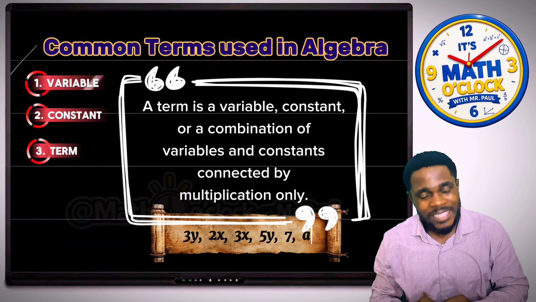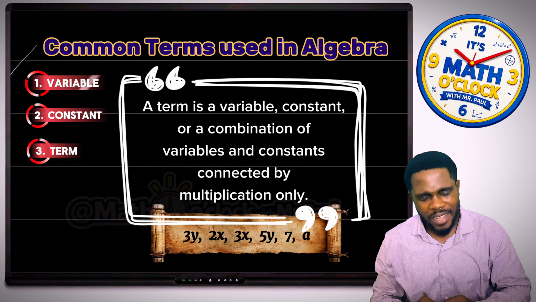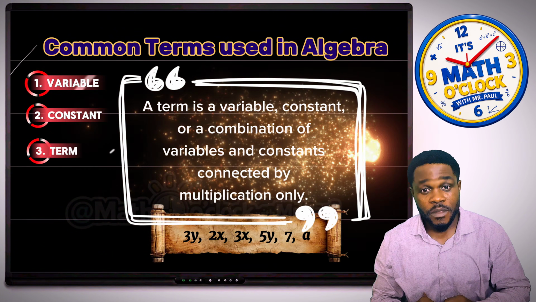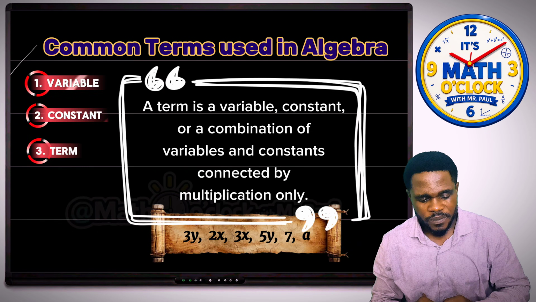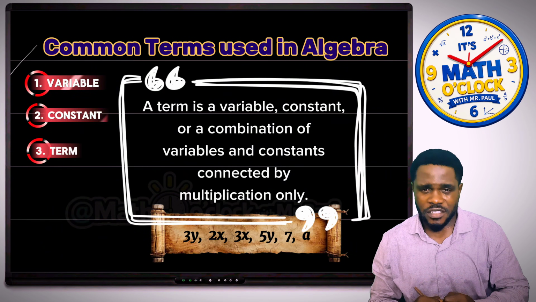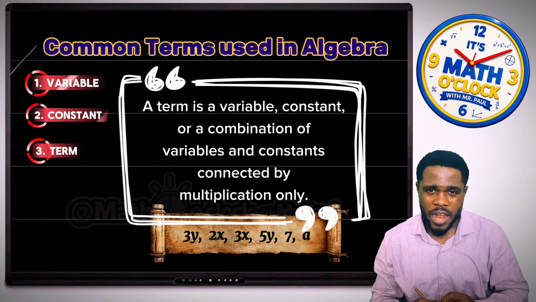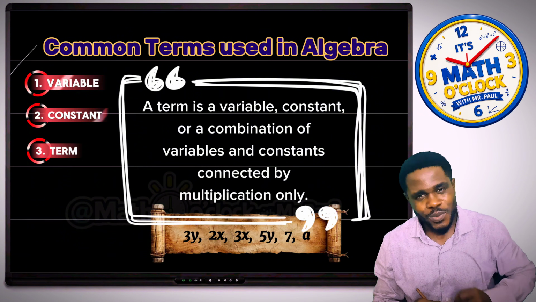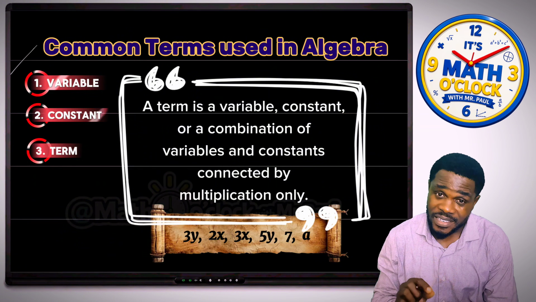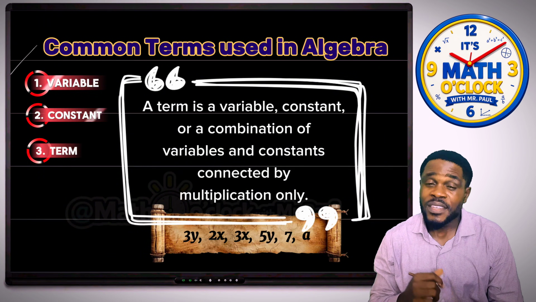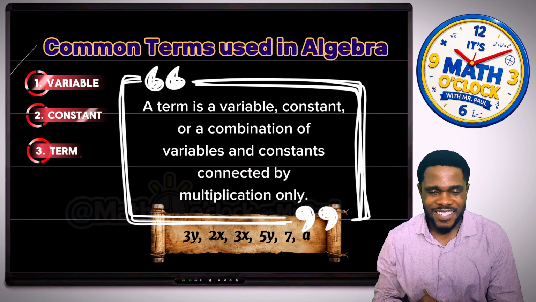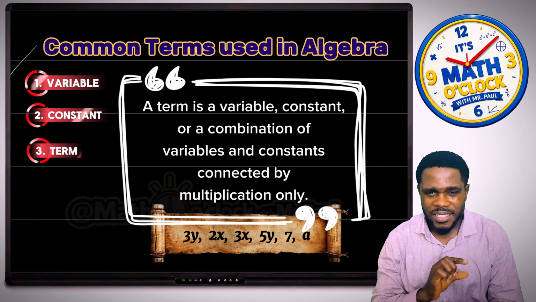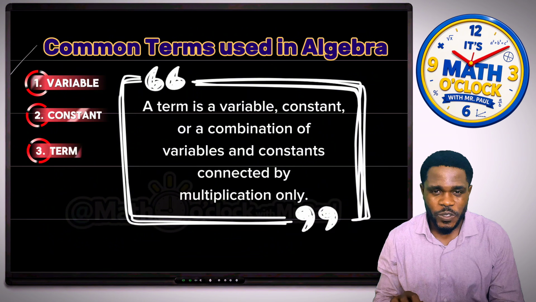For example, 3y, that's a term. 2x, that's a term. 3x, that's a term. 5y, that's a term. Guess what? You can also have 7 as a term. You can also have a as a term on its own, etc. They are connected by multiplication only.